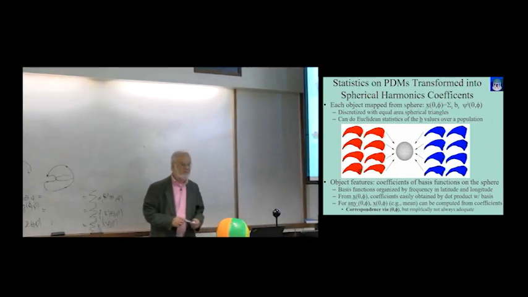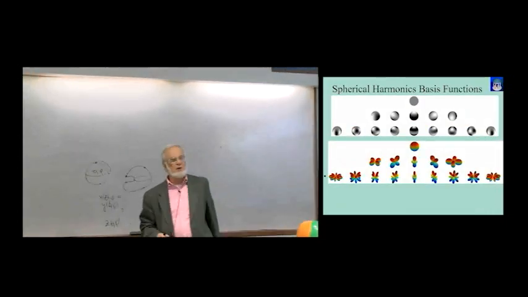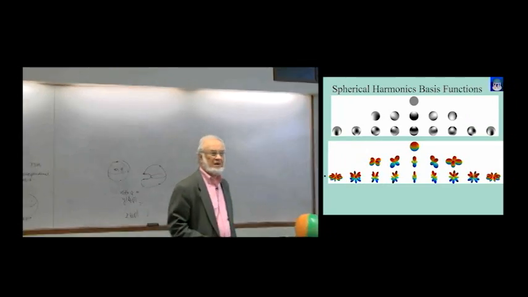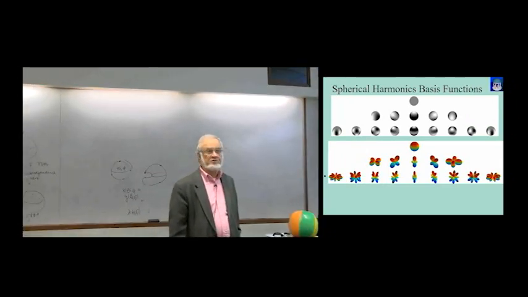So this just gives you an idea of what the spherical harmonics are like. The first spherical harmonic is uniform on the sphere. It's a constant. It's the same as the zero frequency cosine. You got a constant. Cosine of 0 is 1.